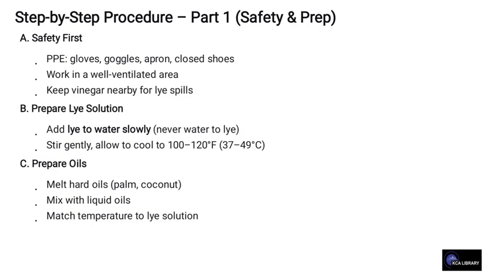Next is that you prepare the oils. You melt hard oils like palm oil, palm kernel oil, coconut oil, and you mix with liquid oil. You ensure that the temperature of the oil is the same as that of the lye solution.